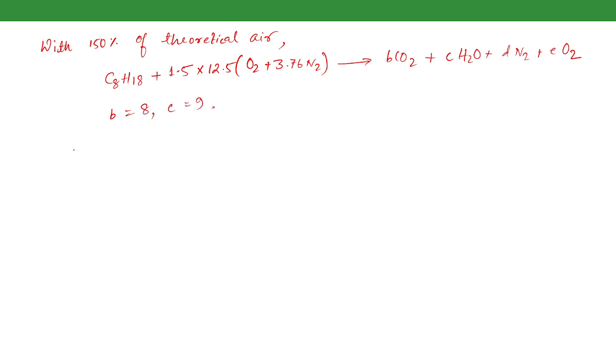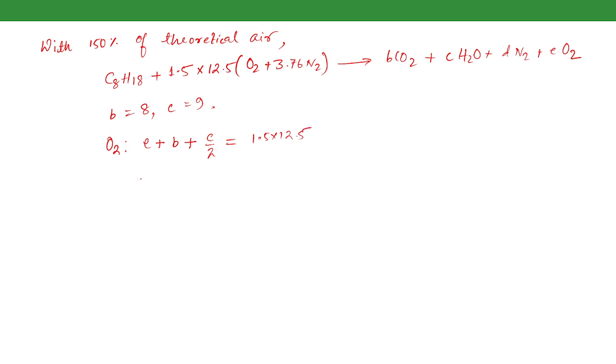If we do a conservation of oxygen, then we can write E plus (B plus C by 2) equal to 1.5 into 12.5.